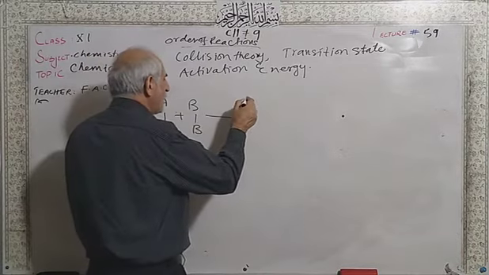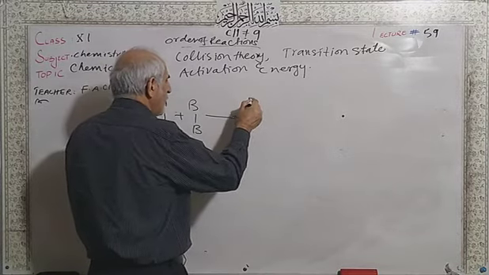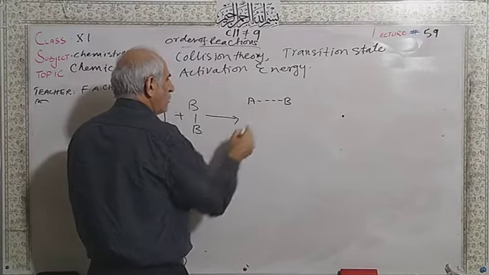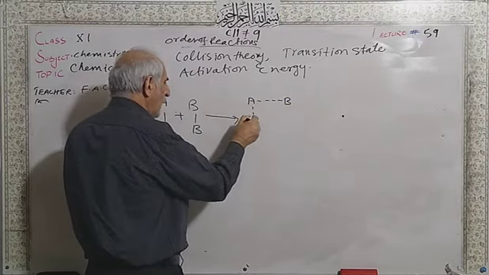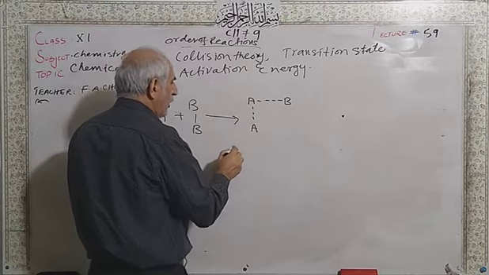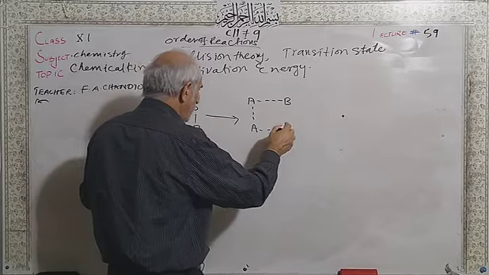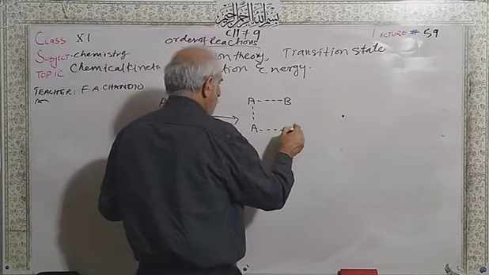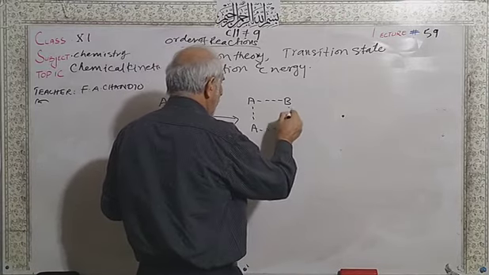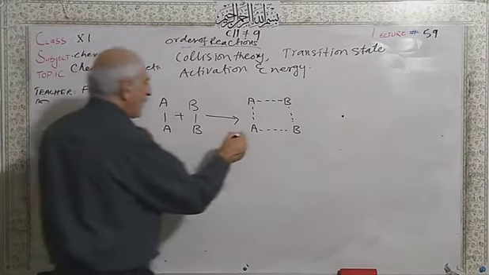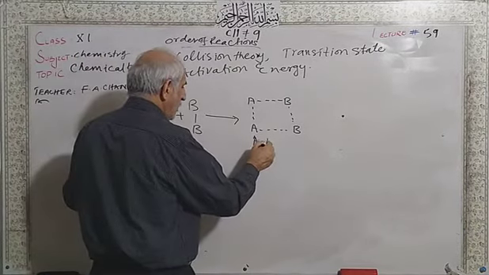This is the intermediate state, means the bond between A and A is going to be broken down, and the bond between A and B is going to be formed. The bond between B and B is going to be broken down. This is the activated complex.